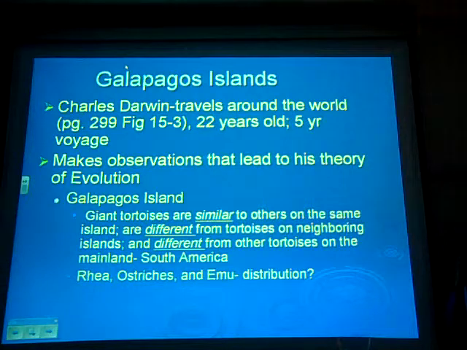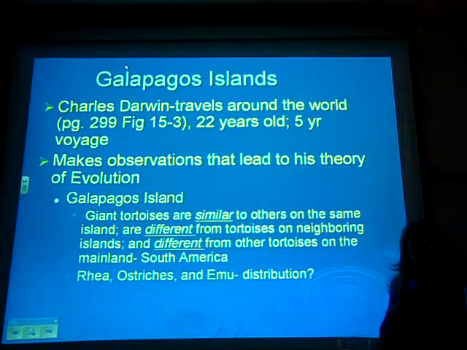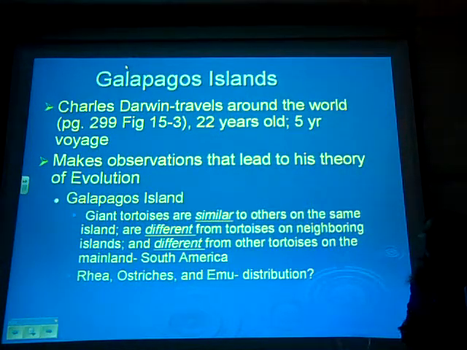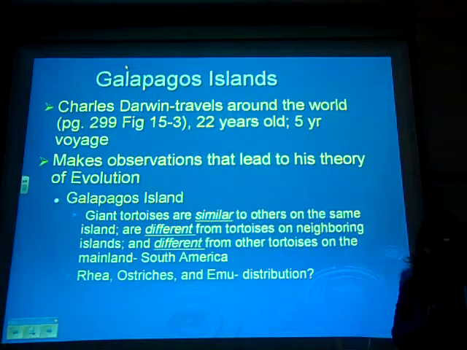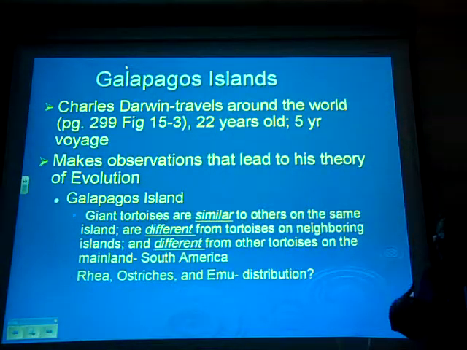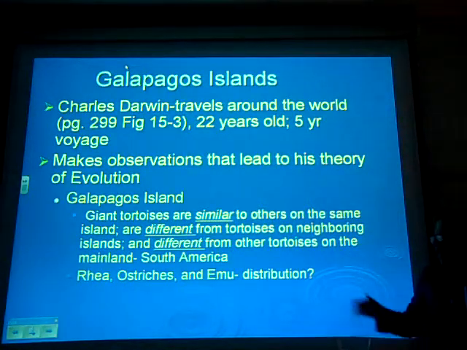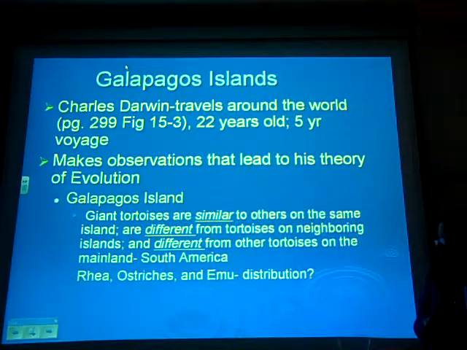He made observations on these islands where the tortoises look very similar, but as he traveled to other islands further away, he noticed that they were also tortoises, but a little different, and even more different as he traveled to the mainland, which was South America.